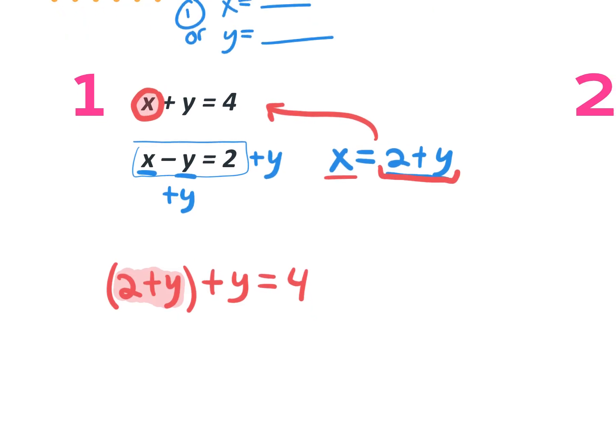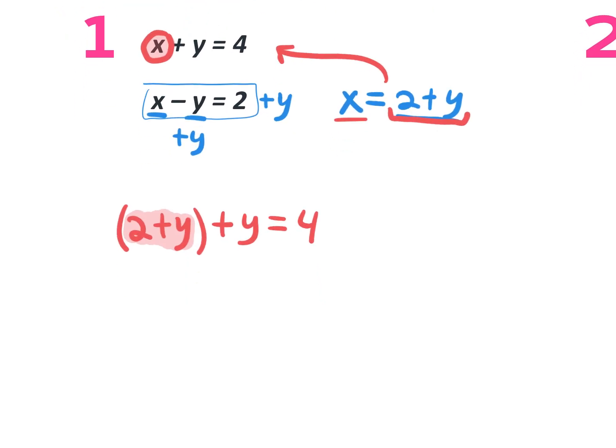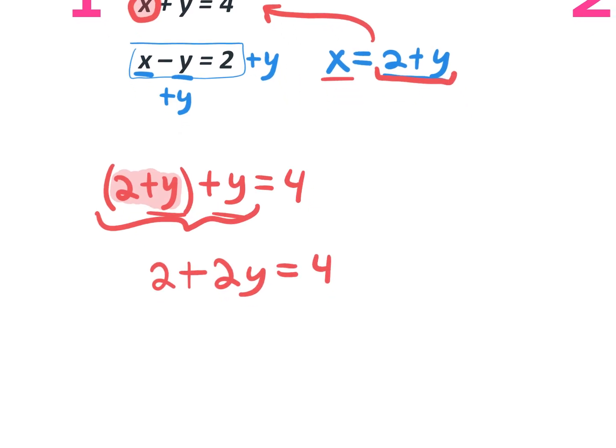All right, and then we just combine like terms. All right, how does this left side of the equation simplify? Not y squared. Y plus y is how many y's? 2, right? So it's going to be 2 plus 2y equals 4. All right, and then from here, it's just basic Algebra 1.